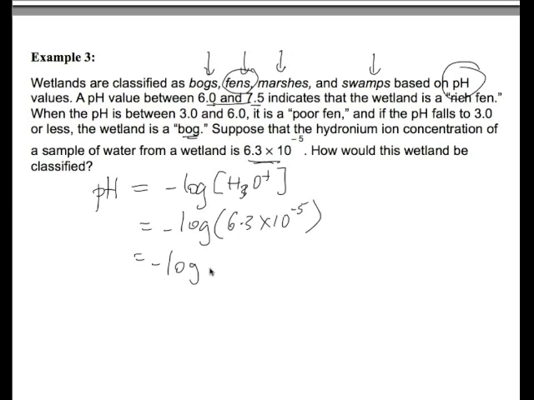Let's use a property of logs here: this is negative log of 6.3 plus log of 10 to the negative 5. So it's negative log of 6.3 subtract, now the log in base 10 of 10 to the negative 5 is negative 5, right? Now we need our calculator.